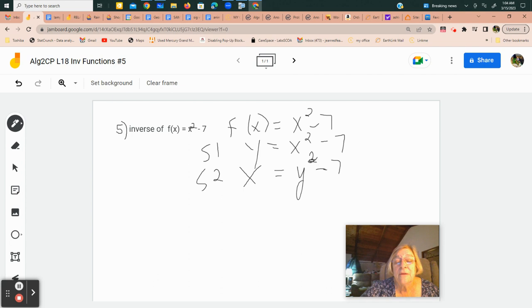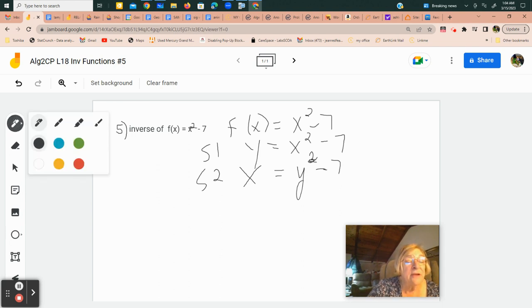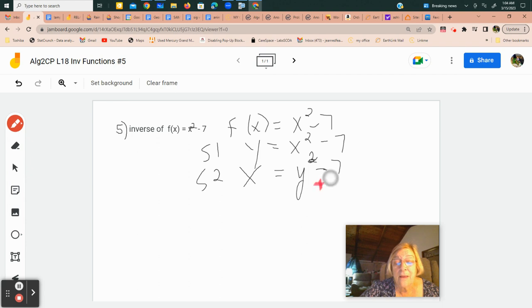And this is where I had trouble following what you were doing next. If I want to solve this for y, I have to add 7 here, not anywhere up above. So I'm going to add 7, and I'll do a different color, not that you have to do that, but I will here.